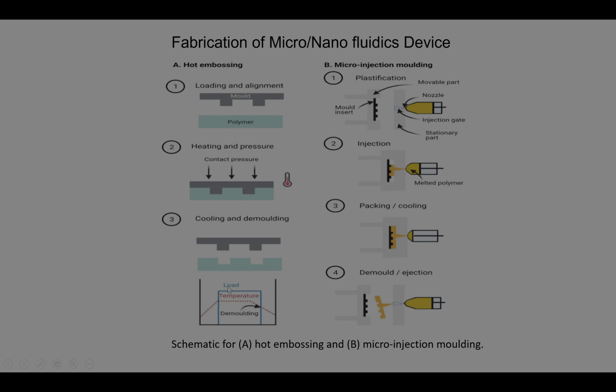It depends on three things: temperature, load, and demolding also. Then microinjection molding is also possible, where the melted polymer is pressurized inside the mold, then demolded or injected.